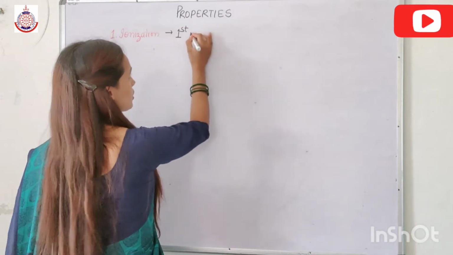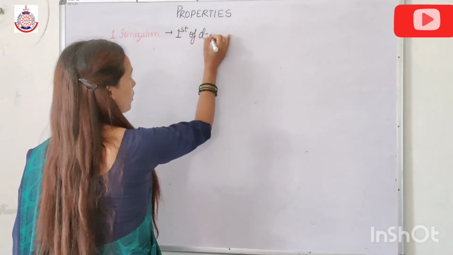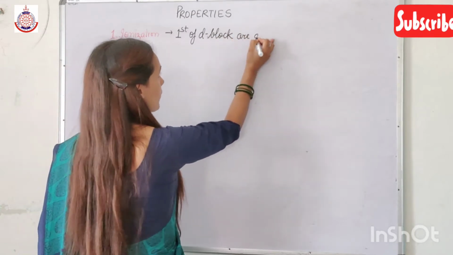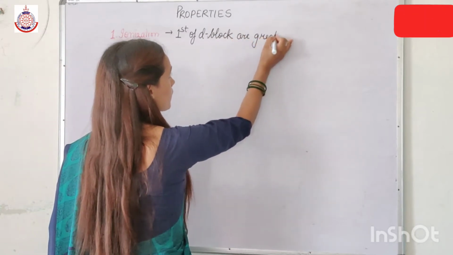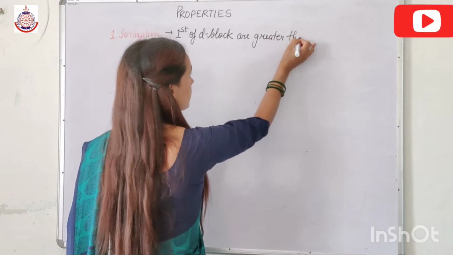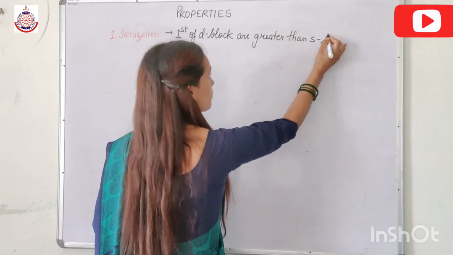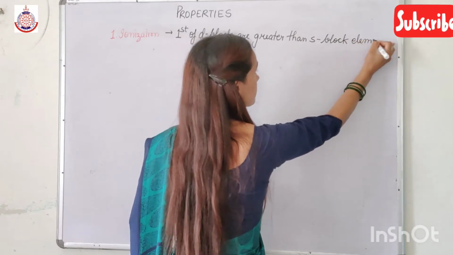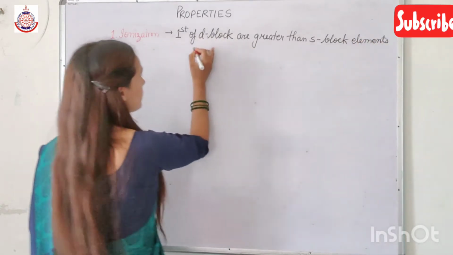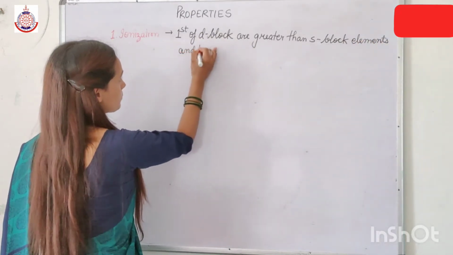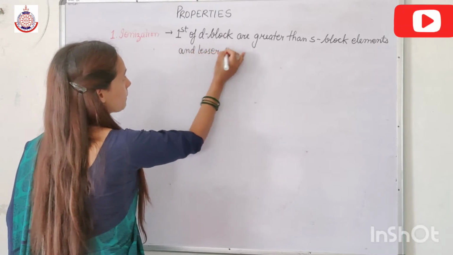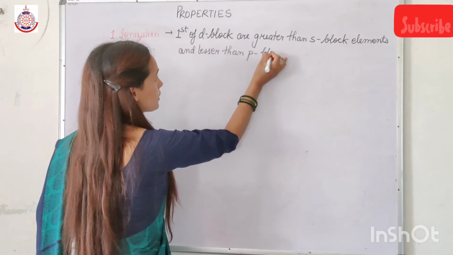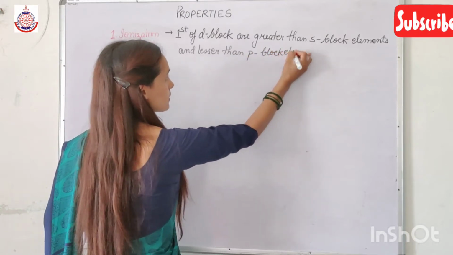So the first ionization enthalpy of D block elements is greater than S block elements and lesser than P block elements.